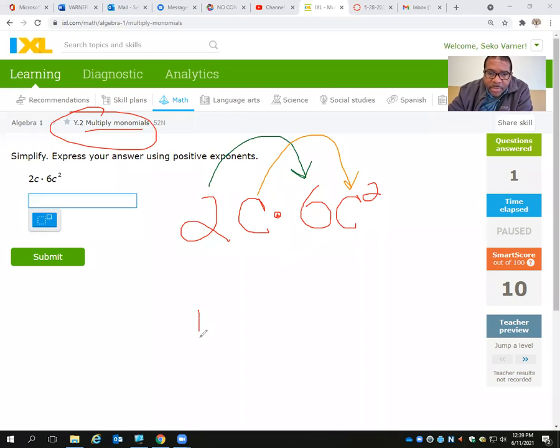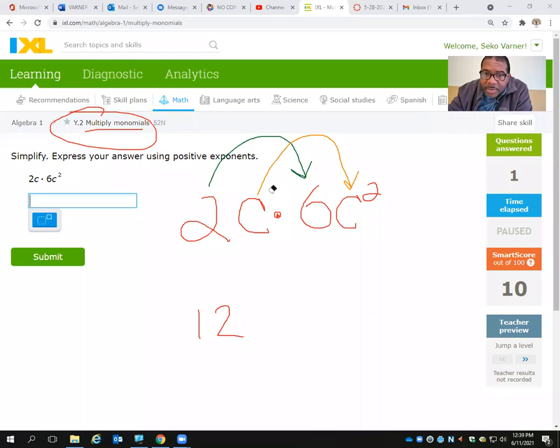So 2 times 6 is 12. And c times c squared, there's really a 1 here, and we're going to add the 1 and the 2 because the base is the same. The c is the same, so all we're going to do is add the 1 and the 2.